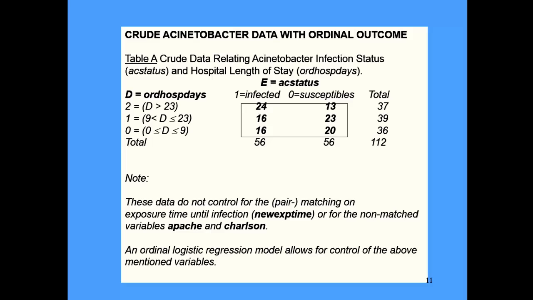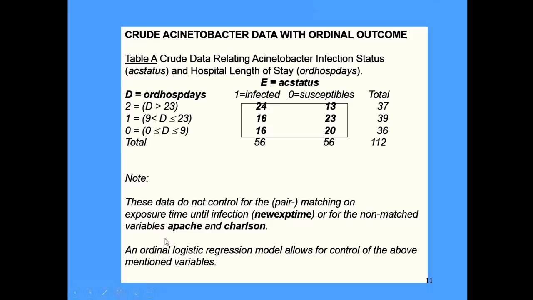So that's why there were eight exposure time categories. It allowed us to get around having to do something that we couldn't do, which would have been using conditional logistic regression. It allowed us to do unconditional logistic regression.